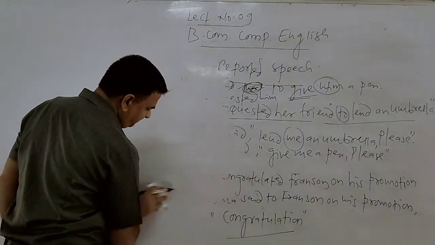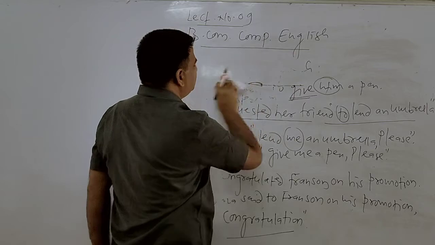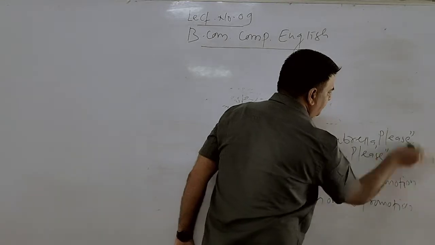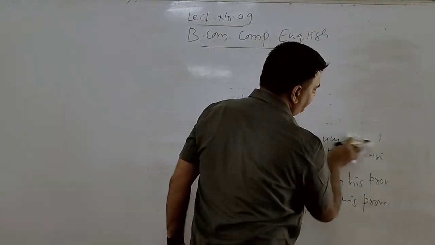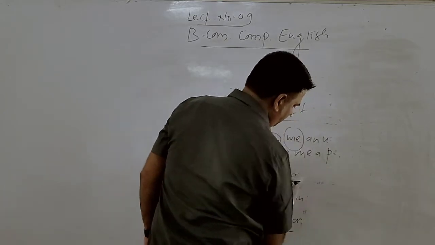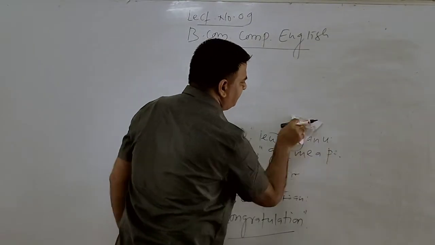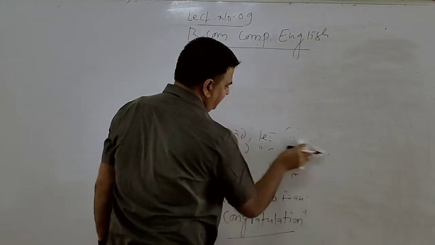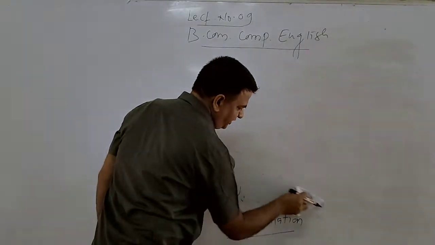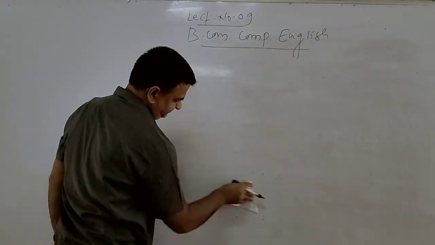But it is not so simple as direct to indirect. Direct to indirect is an easier thing than indirect to direct, but we have to be very serious, alert and conscious at the time of making indirect to direct, because this requires a lot of seriousness, and you have to keep in mind the particular rules which we have discussed and studied earlier.